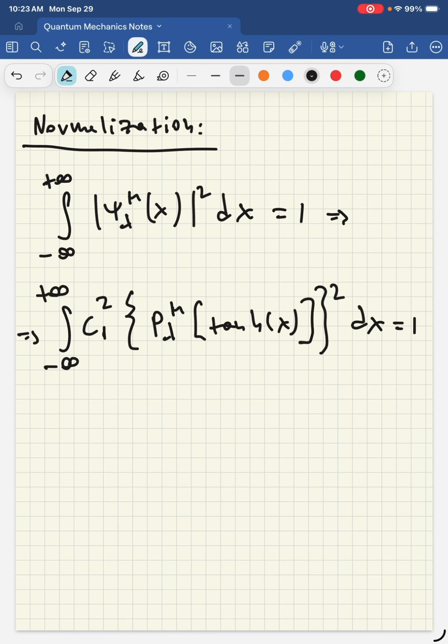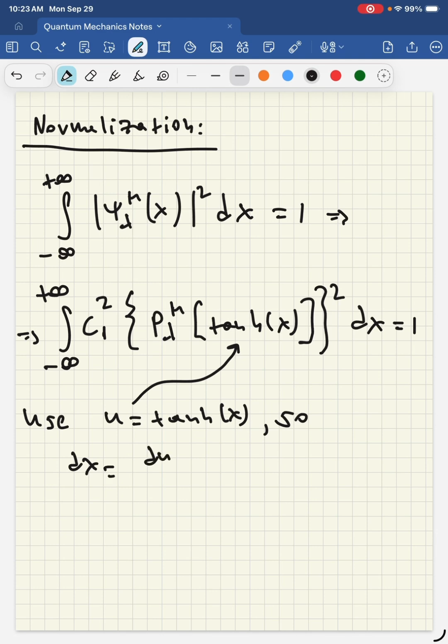But we will again use the substitution. So use u equal to the hyperbolic tangent of x. So this is going to go in there. And then we have to find an expression for dx, which we did earlier, actually. So dx is du over 1 minus u squared. And the limits of integration go from minus 1 to 1 with this substitution.